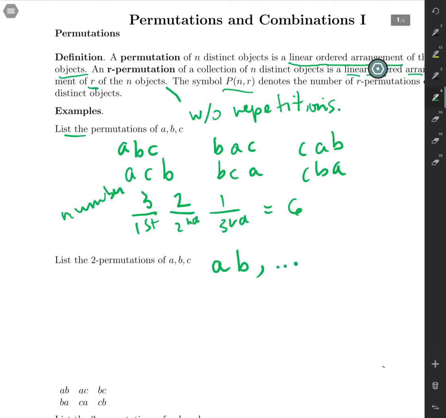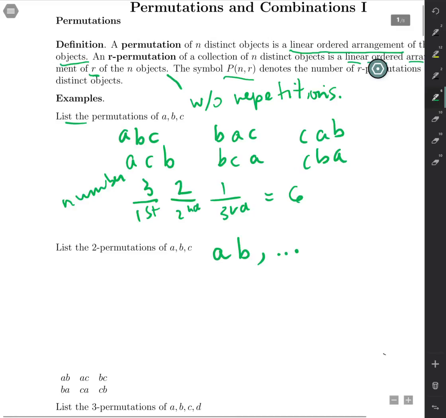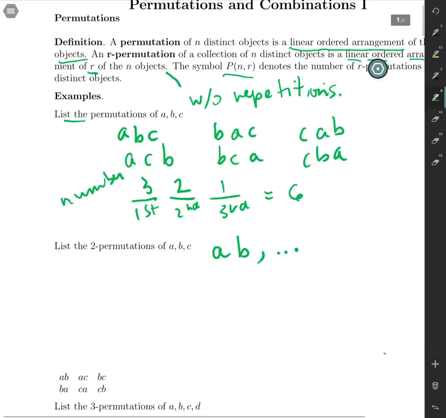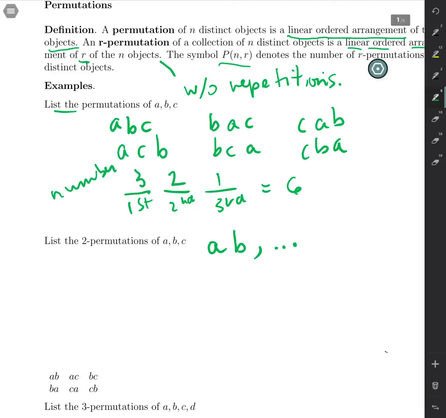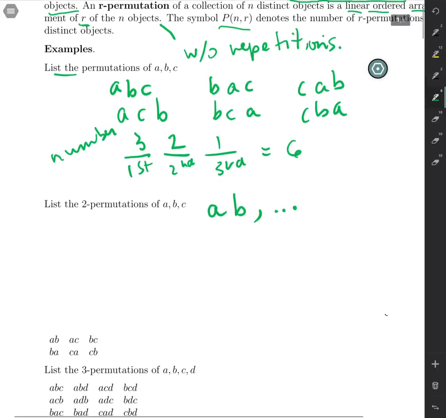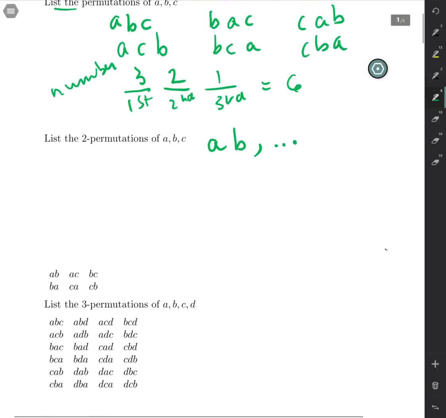So now I'm going to list the 3 permutations of A, B, C, D, and this will take a little more time, so you can try that and pause it if you like. In this case, there are actually 24 of those.